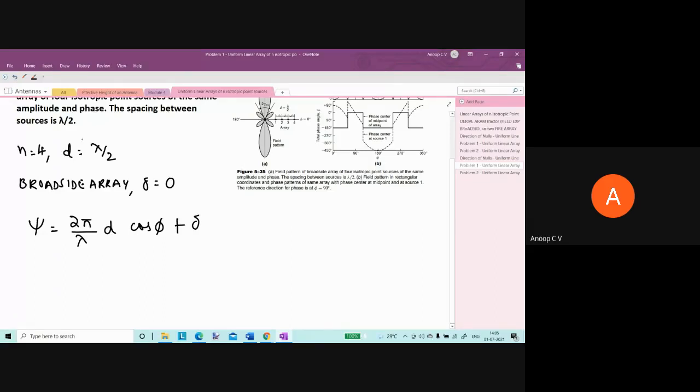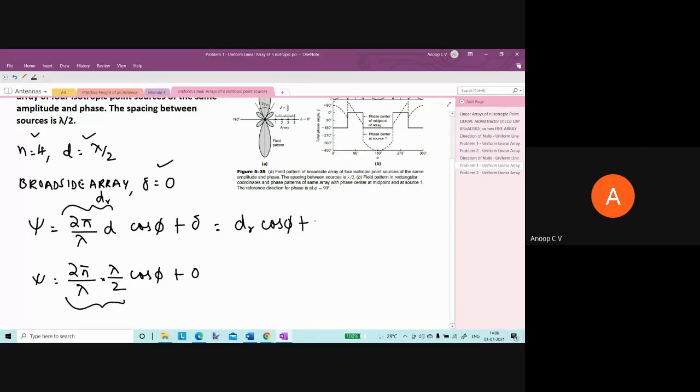Given d equal to lambda by 2, n equal to 4, and delta equal to 0, psi is equal to 2 pi by lambda times lambda by 2 times cos phi plus 0.